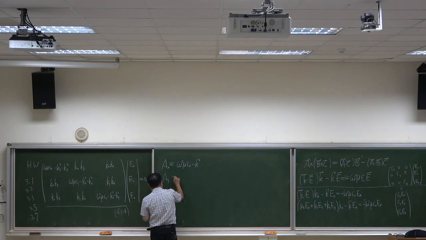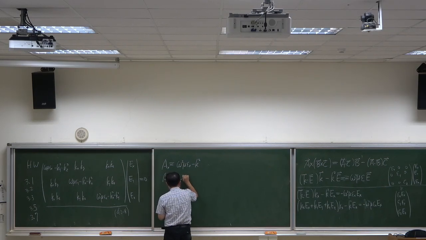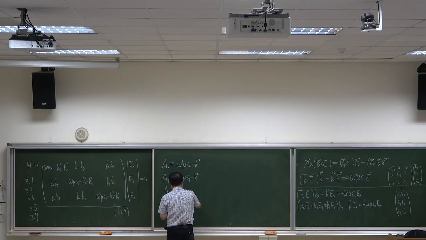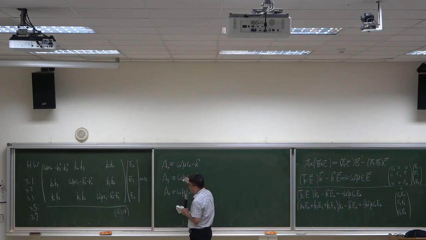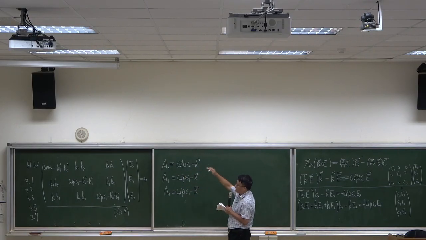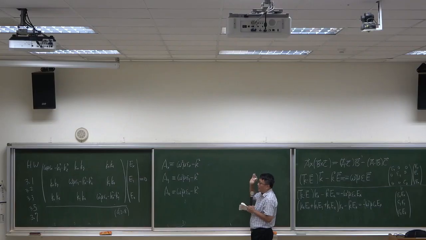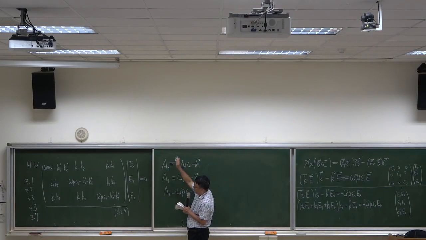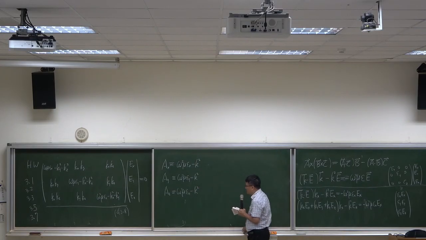Define Ay as omega squared mu epsilon y minus k squared, and I define Az equal to omega squared mu epsilon z minus k squared. These three quantities have nothing to do with any vector. They're just three different reference quantities. Okay.